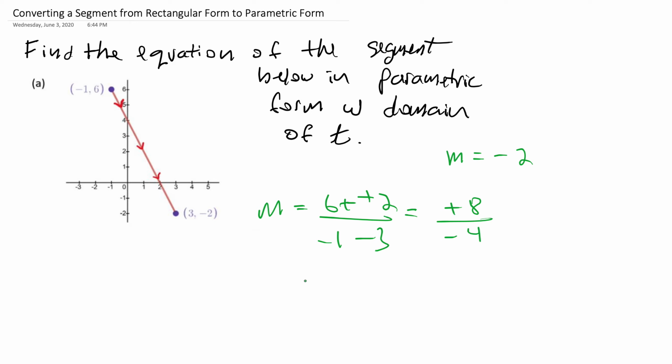So it's 8 over -4. Actually, in this case, I would make it -8 over 4.